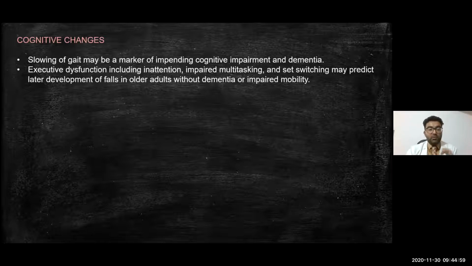Executive dysfunction or cognitive decline, including inattention, impaired multitasking, and set switching, may predict later development of falls in older adults without dementia and impaired mobility. Usually we focus more on the neurological aspects of the patient, and we tend to forget to ask about these things, but this is really important to address.